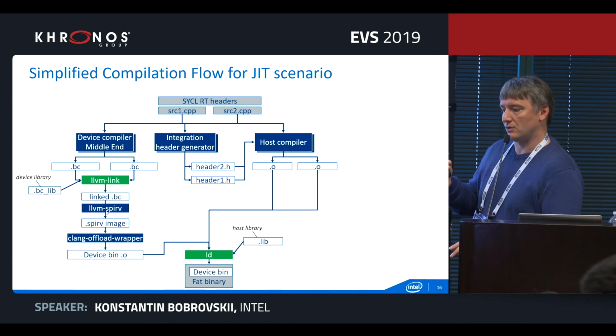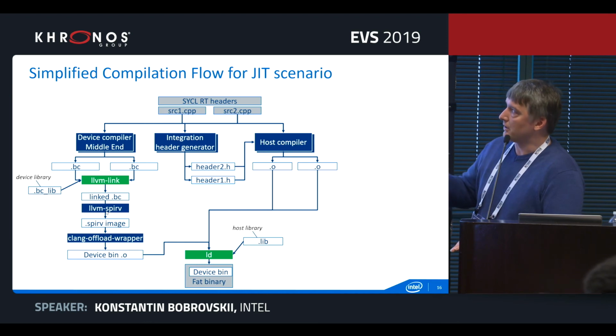But that is not suitable for linkage, so we need to translate the C++ type corresponding to a kernel to its name, to some string. The integration header provides that functionality. It maps the kernel type to the kernel name as a string, and also provides information about what kind of arguments the kernel has and so on.